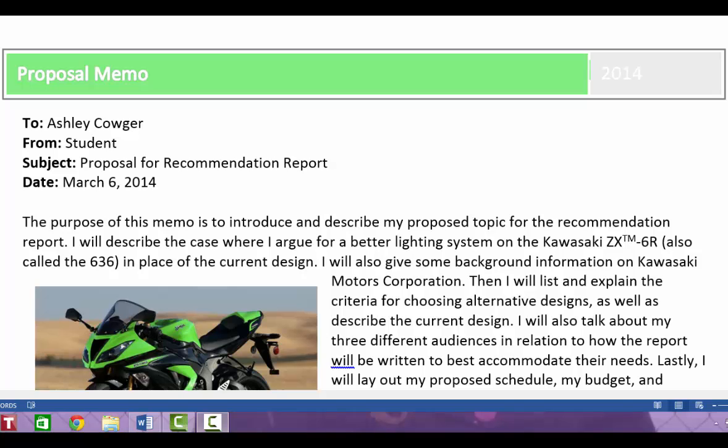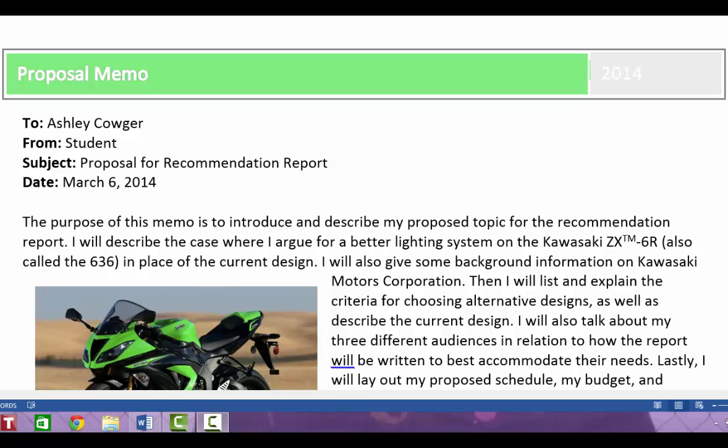The reason why the student chose to use this color is because it is the standard color for the company, Kawasaki, that he is using for his scenario and his recommendation report. This is an obvious example of a way that the specific rhetorical situation can dictate the design choices that you make when creating your proposal and recommendation report.